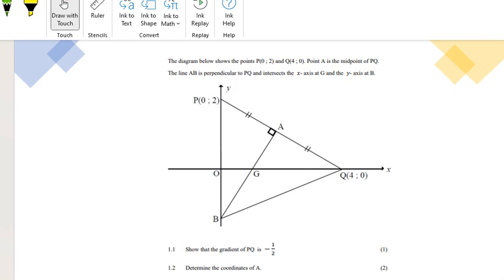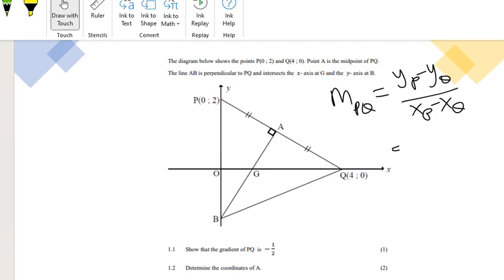Show that the gradient of PQ is equal to -1/2. Quickly, MPQ is equal to YP minus YQ over XP minus XQ. This is the formula for the gradient.